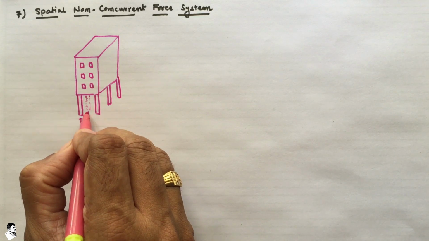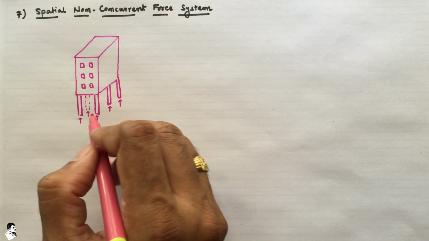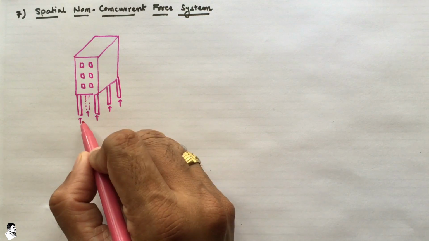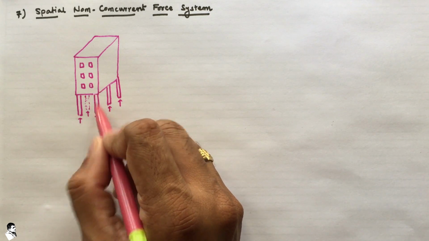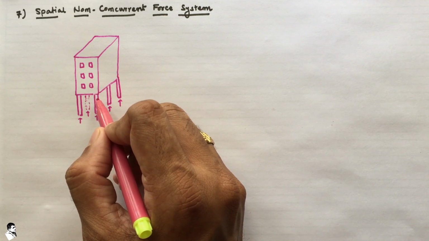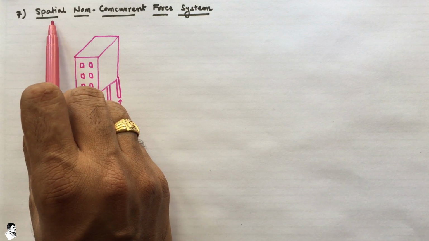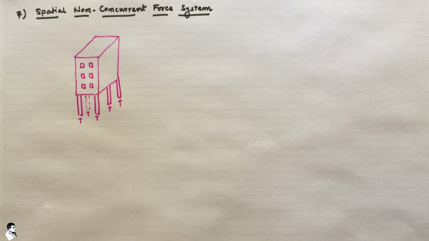So maybe you can consider the reaction or the forces at this column end. So these are the forces acting in different plane, as well as they are not meeting at the same point. They are also parallel but not meeting at the same point. So that's why it is known as spatial non-concurrent force system. And this is an example of that.